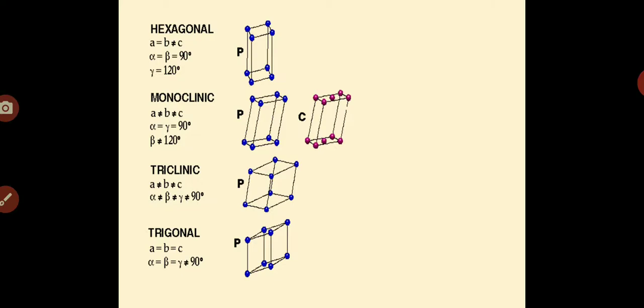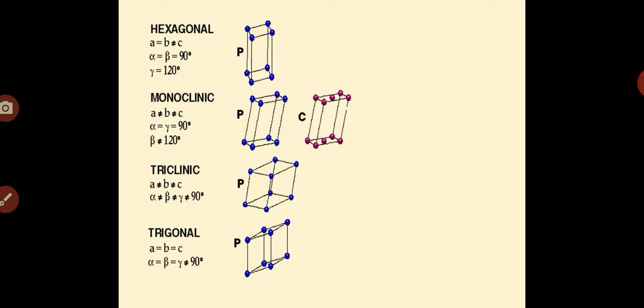In monoclinic, primitive and C centered, or it can be B centered or C centered depending upon the pair of faces where it contains lattice points other than corners. Then for triclinic type of crystal system, only primitive type of lattice centering is possible.